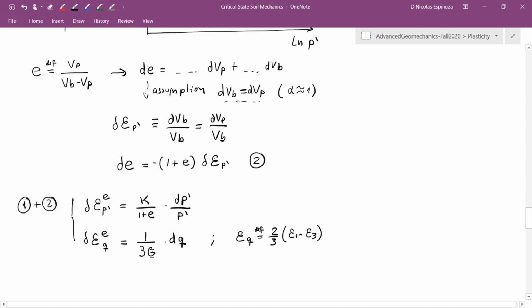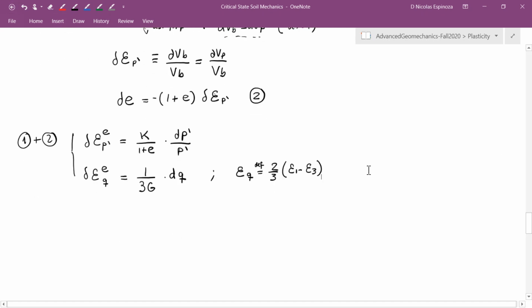Notice that this one is still linear elastic. This one is not. It's non-linear, but it is elastic. All right, so let's go ahead and do the last step. And the last step is going to be to put these equations in the form of a matrix. In this case, this is going to be relatively straightforward.